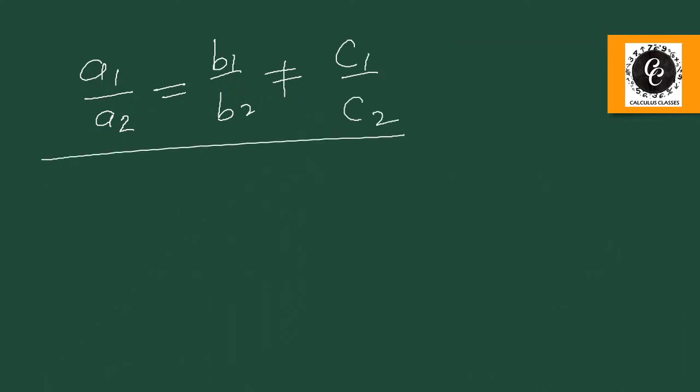And before the last case, I want to clarify something. If a1 upon a2 is equal to b1 upon b2, but not equal to c1 upon c2, this is the algebraic condition. By calculating the ratios of a1 and a2, b1 and b2, and c1 and c2, if we find this case, the system will be inconsistent and has no solution.